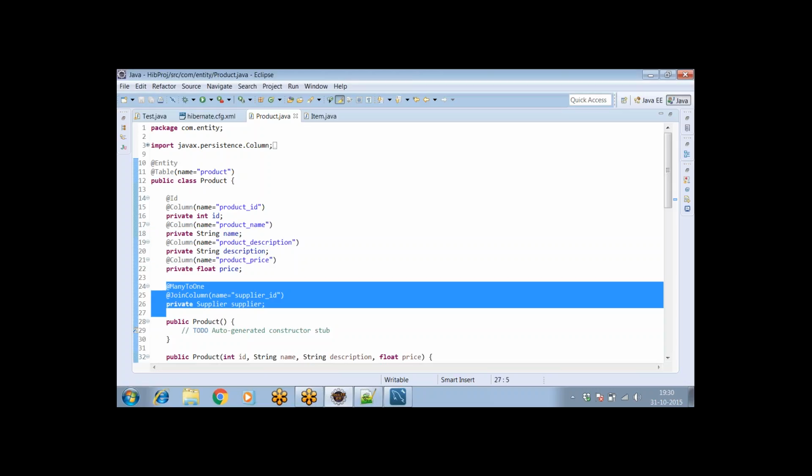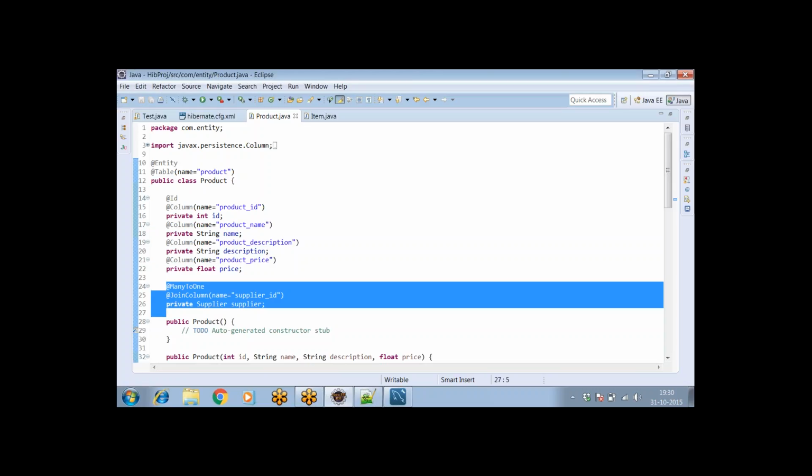No, I didn't specify the fetch type. I'm asking the default fetching strategy. Hibernate by default, which strategy it uses? Eager fetching or lazy fetching in this case?